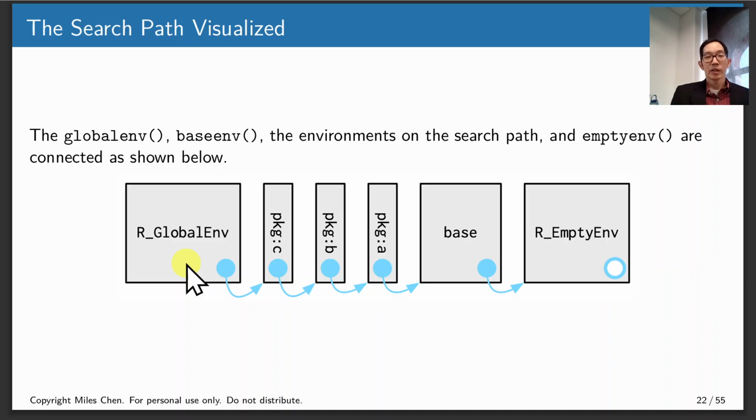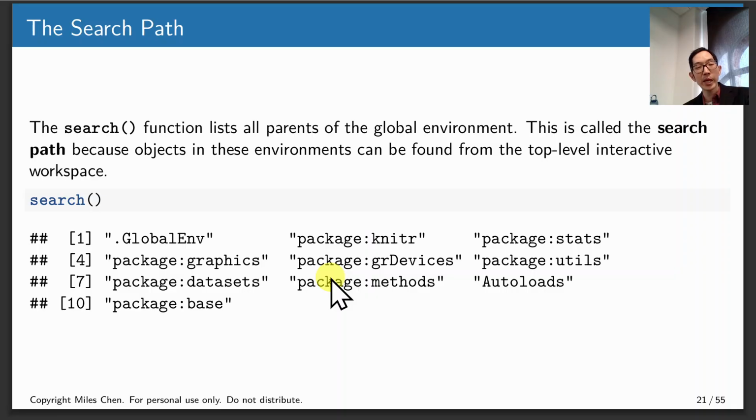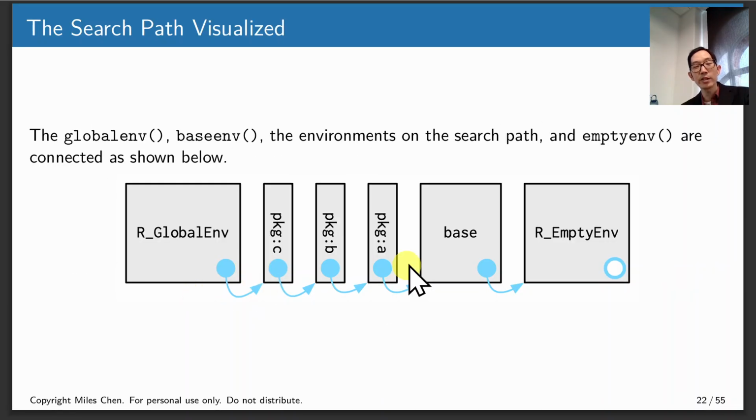The global environment, the base environment, and the rest are all in what we call the search path. As it looks for an object, it searches for the object's name in the global environment. If it can't find it, it searches all of these packages that got loaded, until it reaches the base package, which is the last place it can look.